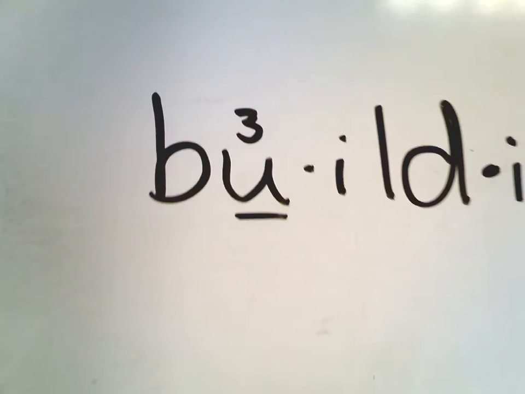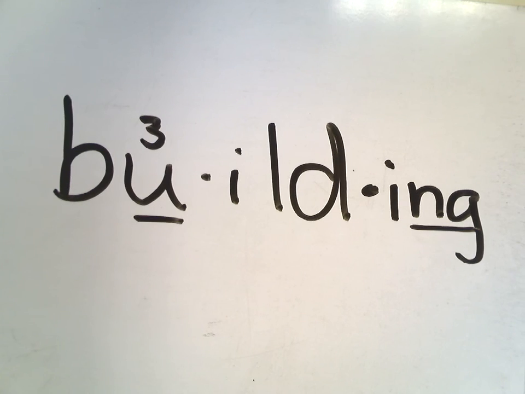And pause the video if you're not finished. All right, our next word is built. How do we say built to spell it? Good, we have to say boo-ilt. So write that.